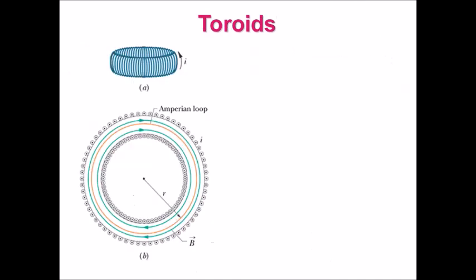Okay, what about the toroid? So Ampere's loop is shown here in orange. We have the integral of B ds, that's mu 0 I enclosed. For the same reason, the field B is in this direction, and ds is in this direction.